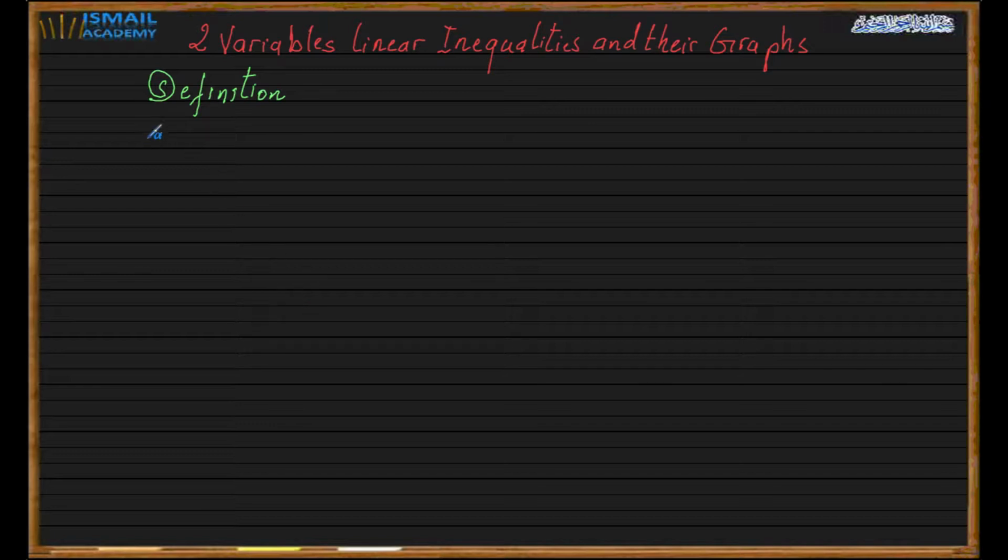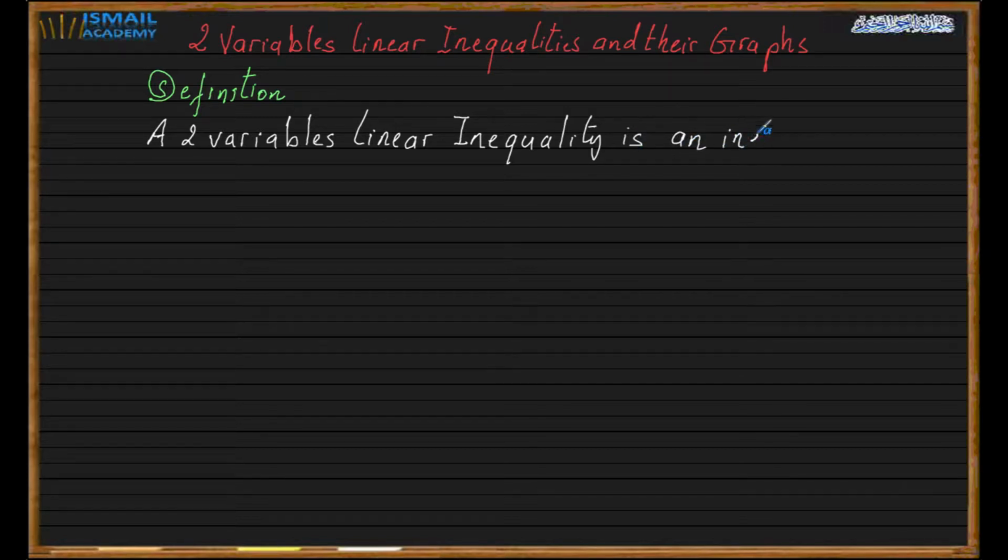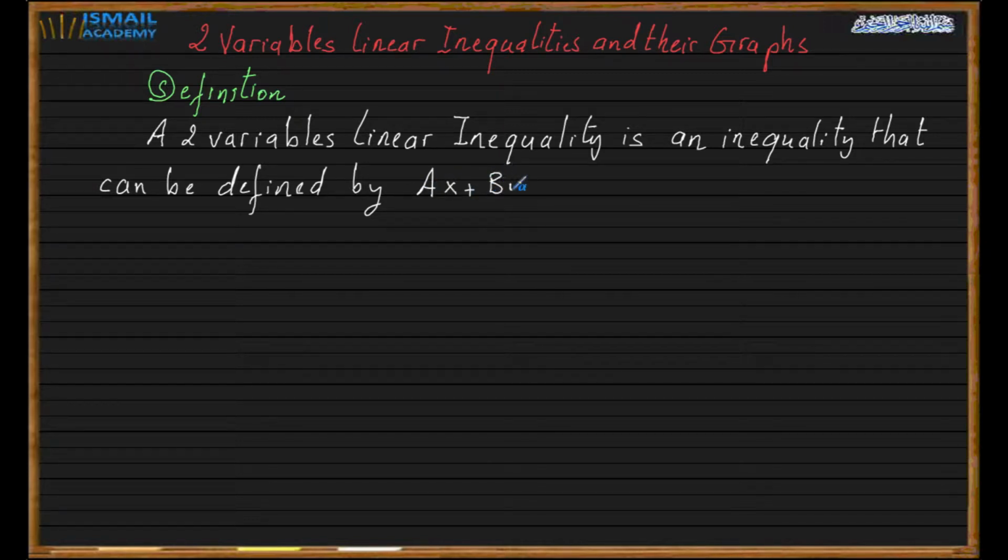So a two variable linear inequality is an inequality that can be defined by ax plus by plus c greater than 0.